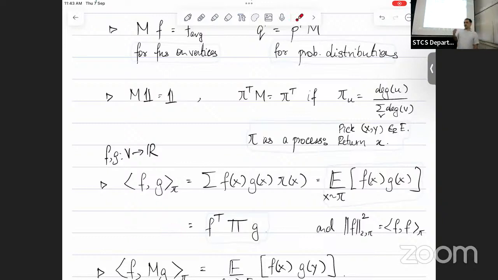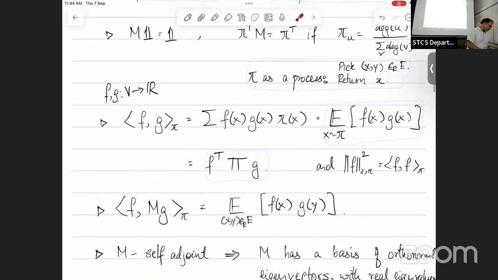You sample x according to the stationary distribution, this canonical stationary distribution, and look at the expected value of f of x g of x under this distribution. And we'll be dealing with norms, and I might forget to write this pi all the time, but it will always be the norm with respect to this inner product.